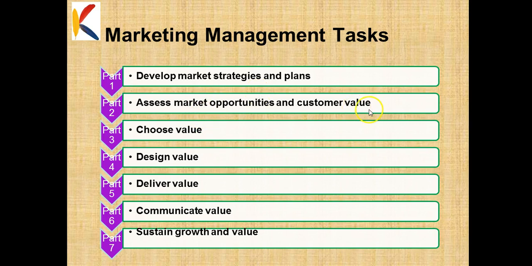When we think about customer value, remember, we have the opportunities. Here we try to see what we can do in the market, and how we can make profit, make money from giving these solutions.